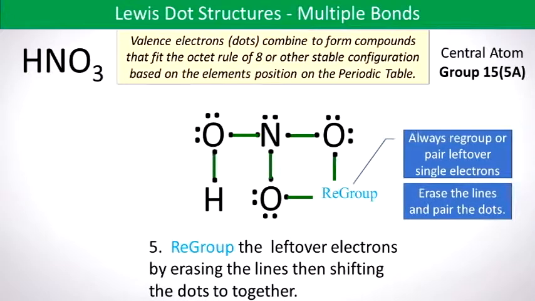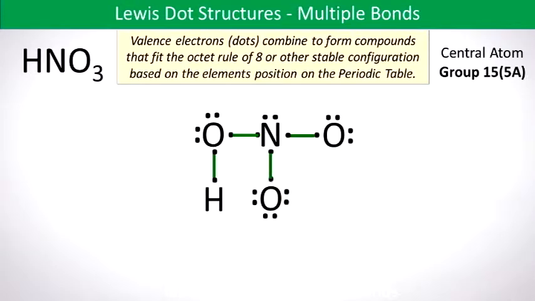And in that case, when we have unpaired electrons, again, we do not want to leave unpaired electrons in Lewis structures. When that's the case, we regroup. And once we regroup by shifting one of the electrons to the other oxygen, again, it doesn't matter the direction, but we chose to shift it here. And when we do that, that allows us to have lone pairs on the oxygen.